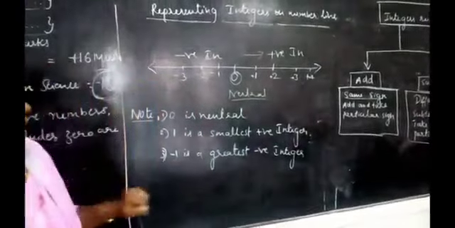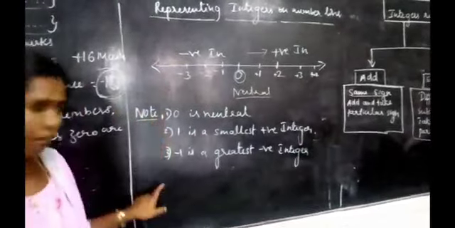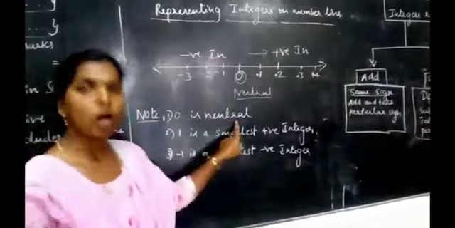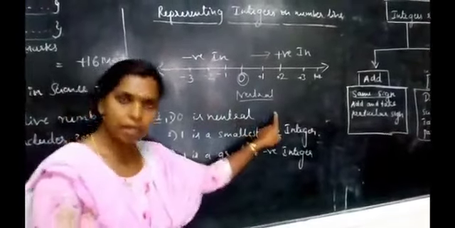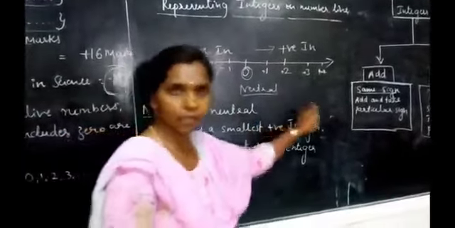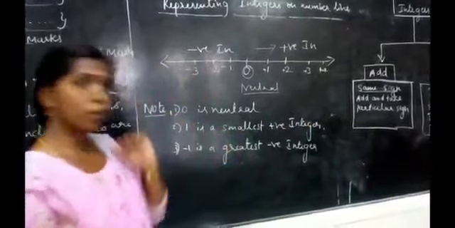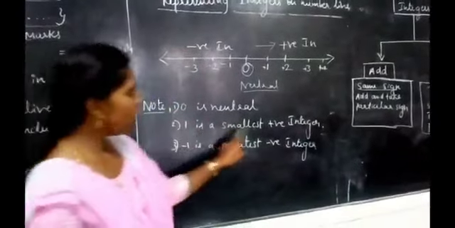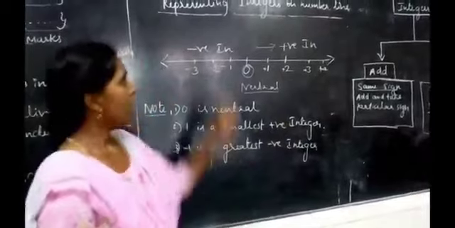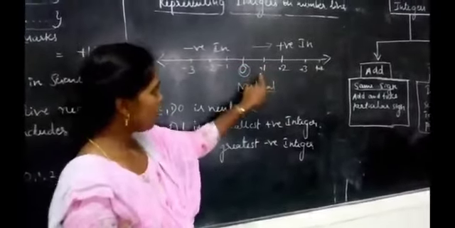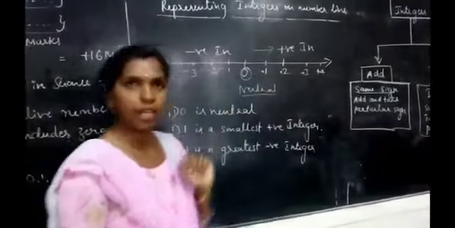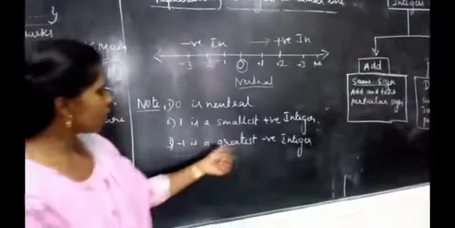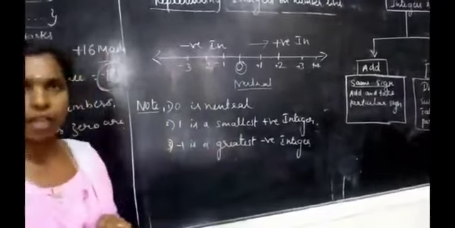In the number line, you have to note these 3 points. 0 is a neutral number, or you can say that it is neither a positive nor a negative number. And another important point is 1 is the smallest positive integer and minus 1 is the greatest negative integer.